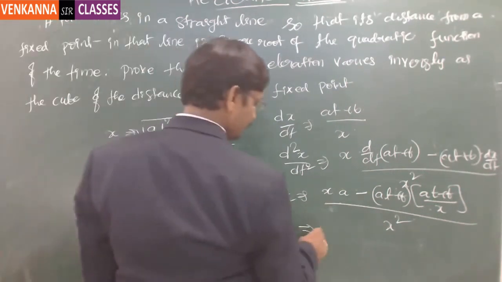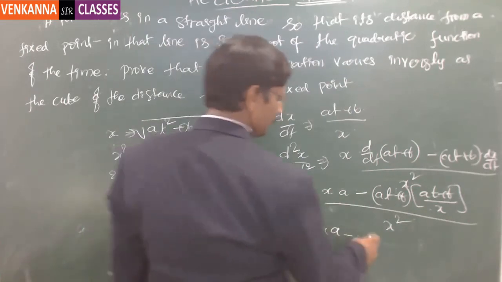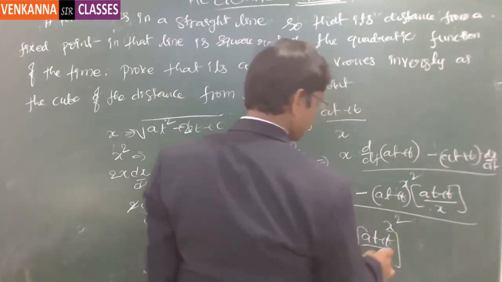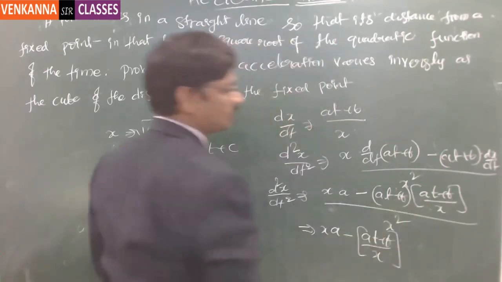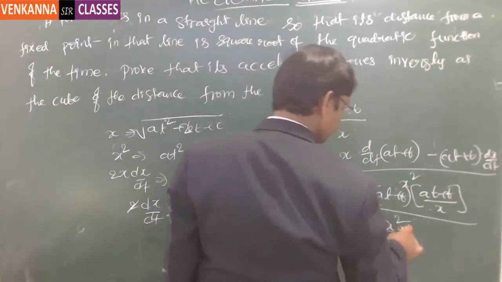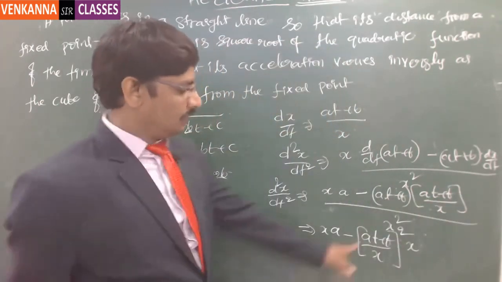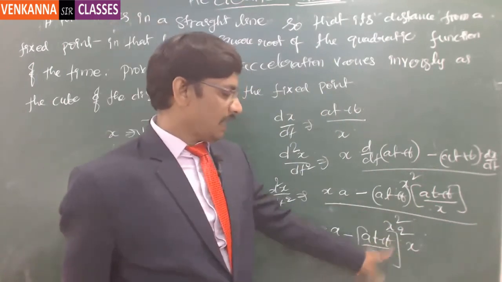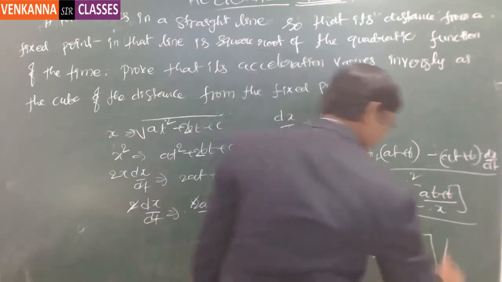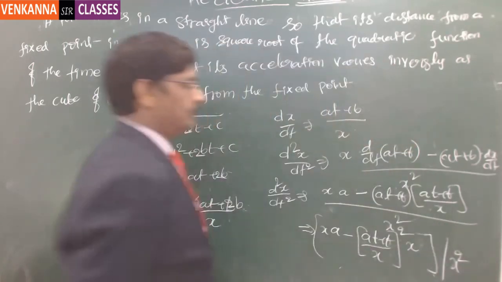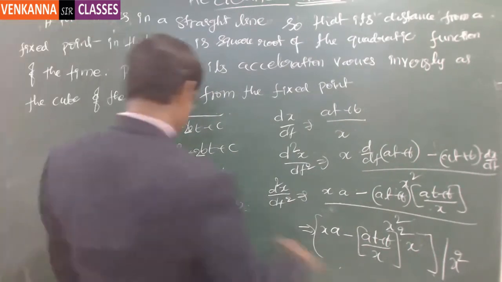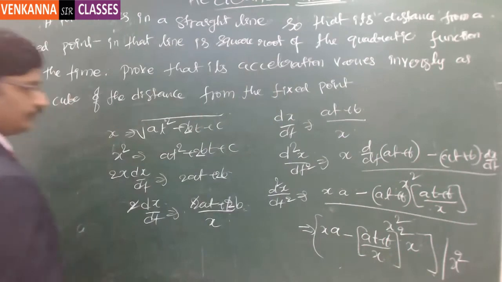So this you can further simplify: xa minus at plus b by x. Here there is only one x, so I will multiply with one more x so that I can bring it out: at plus b whole square divided by x square into x, whole divided by x. Now here at plus b by x is nothing but the velocity square.